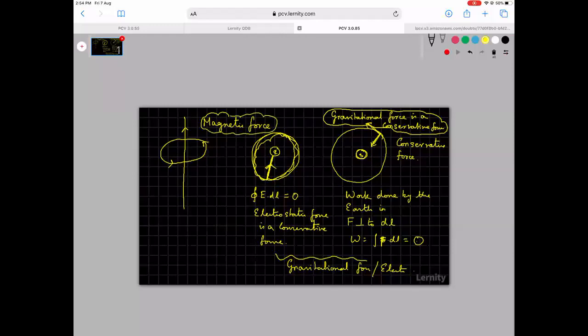When you talk of magnetic force, if there is a wire here and there is a magnetic field here, B and dl are in the same direction. The magnetic field is along this closed loop, and dl is also along this closed loop. So when I do this integral B dot dl, whatever happens, it is not equal to 0. Because it is not equal to 0, I can say it is a non-conservative force.